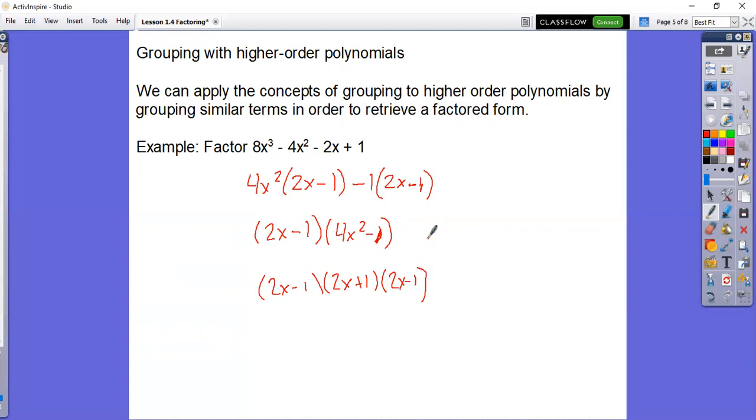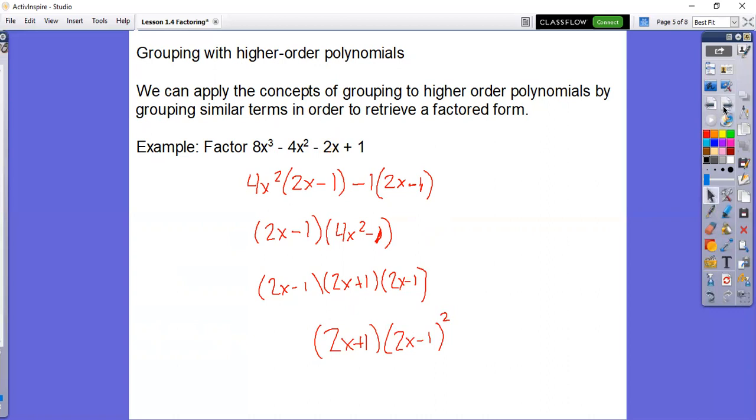You can verify it and prove it using variables. And now I notice I have 2x minus 1 twice, so I can rewrite this in a simplified form as 2x plus 1 times 2x minus 1 squared. So now this is the factored form of this cubic polynomial.